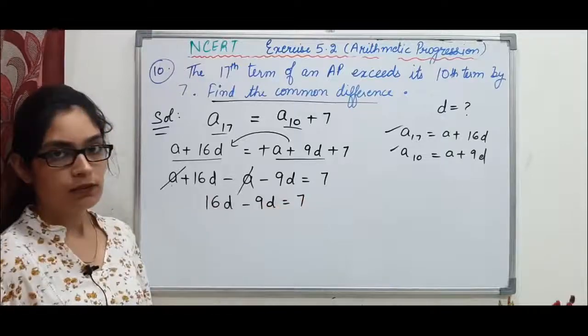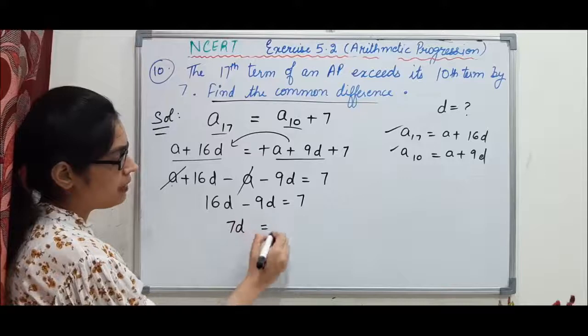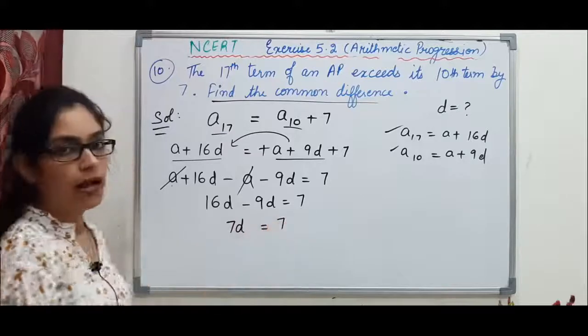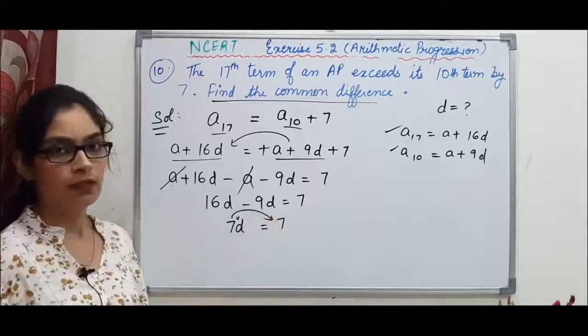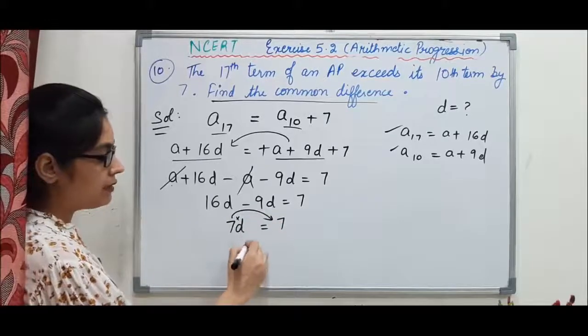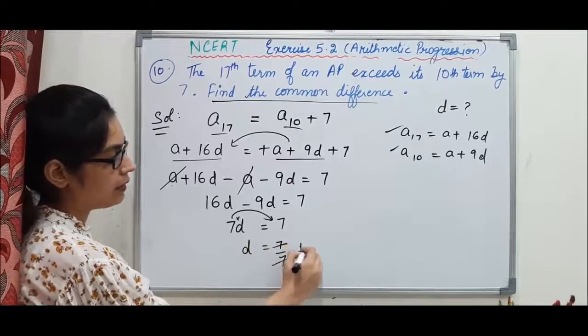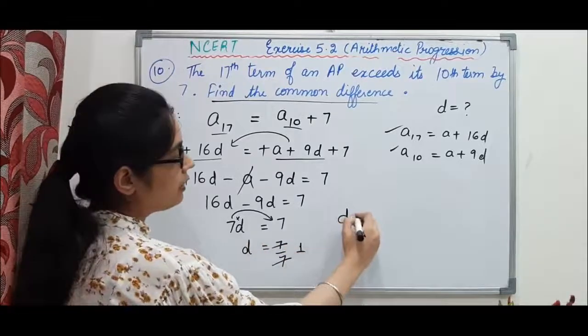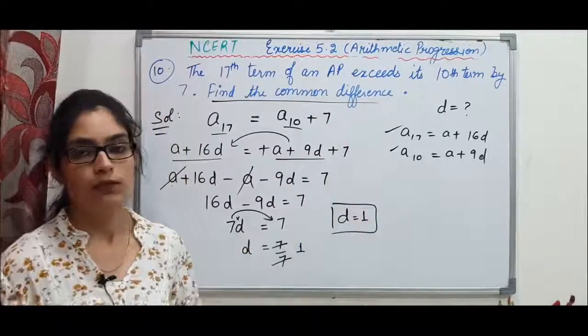These two are also like terms. So 16 minus 9 is 7. So 7d is equal to 7. Value of d we have to find. So that means this 7 we have to shift to other side. 7 is getting multiplied this side. So when I shift to other side it will get divided. So 7 and 7 will get cancelled. Value of d is equal to 1. So the common difference of this is equal to 1.